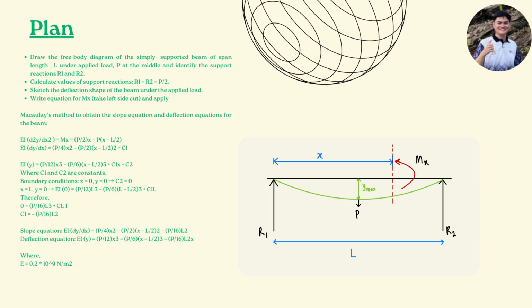The slope equation: EI dy over dx equals P/4 x² minus P/2 (x minus L/2)² minus P/16 L². Deflection equation: EI y equals P/12 x³ minus P/6 (x minus L/2)³ minus P/16 L² x, where the E value is 2 times 10 to the power of 9 Newton per square meter.